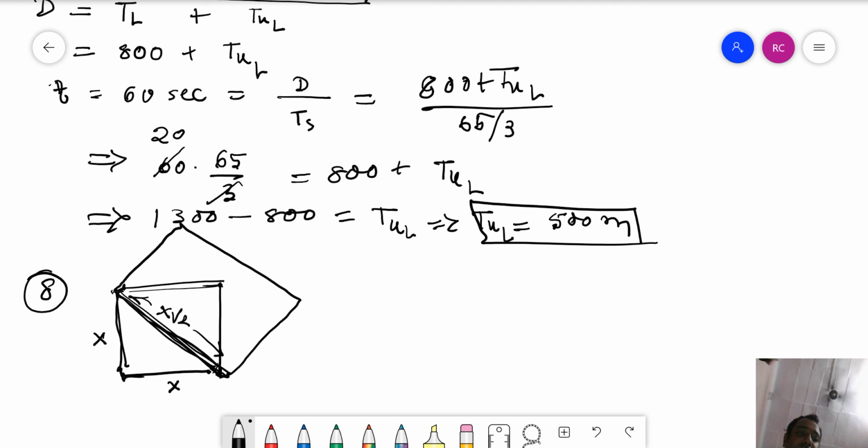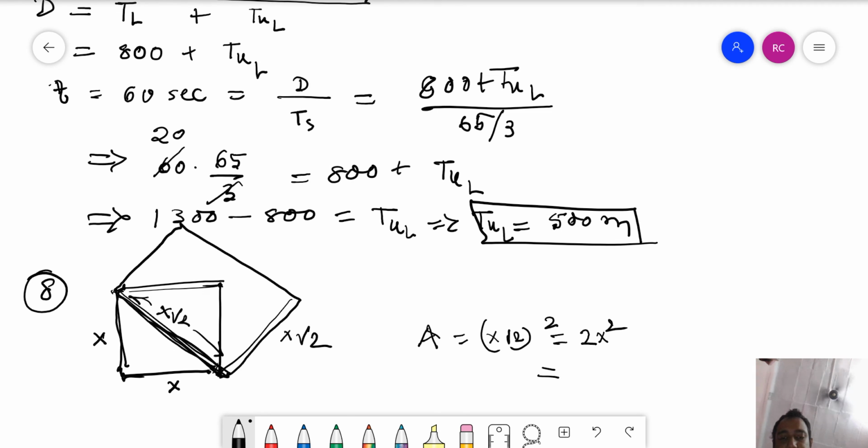Now this length would be the side of the square whose area we need to find, so the area of the square would be x root 2 squared, which is 2x squared, sorry, and that is twice the area of the original square.